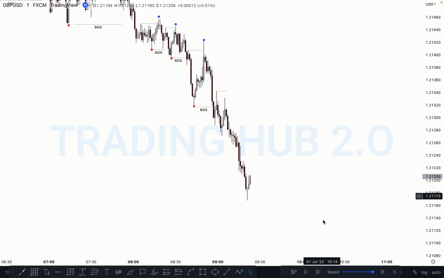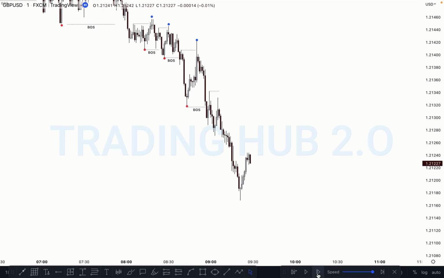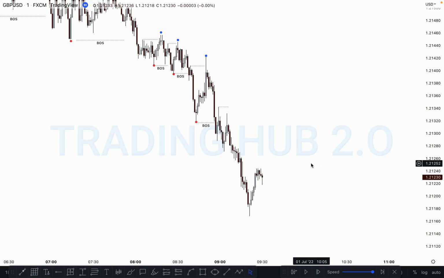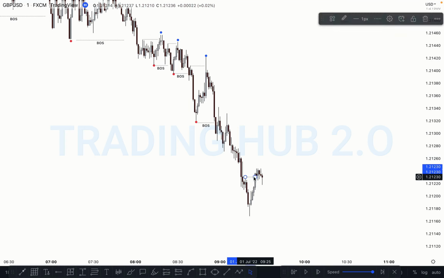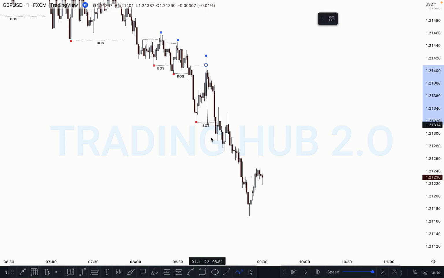Finally the market pushes more downside. Now you can see the market took out the minor structure here. And this is a single leg, the entire move is a single leg, correct?